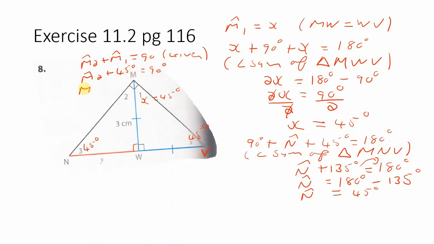So angle M2 is equal to 90 degrees. The plus swims through the river, it becomes negative 45 degrees. So in fact angle M2 is equal to 45 degrees. So therefore we have a 45, 45 and a 90 degrees.